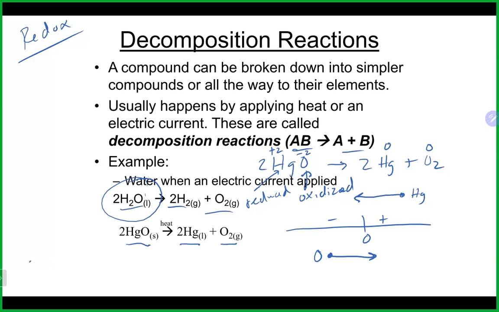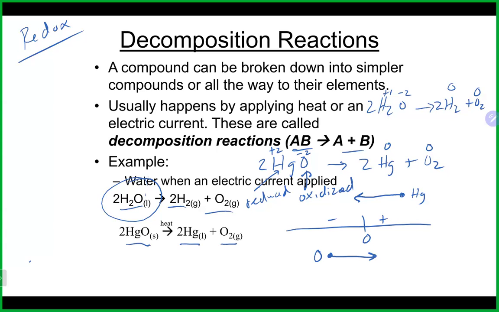In the case of the water, which is our H2O, that is +1 and -2 going to 0 and 0. So our hydrogen is going from +1 to 0, which means it's being reduced. And the oxygen, again, is going from -2 to 0, which means it's being oxidized.